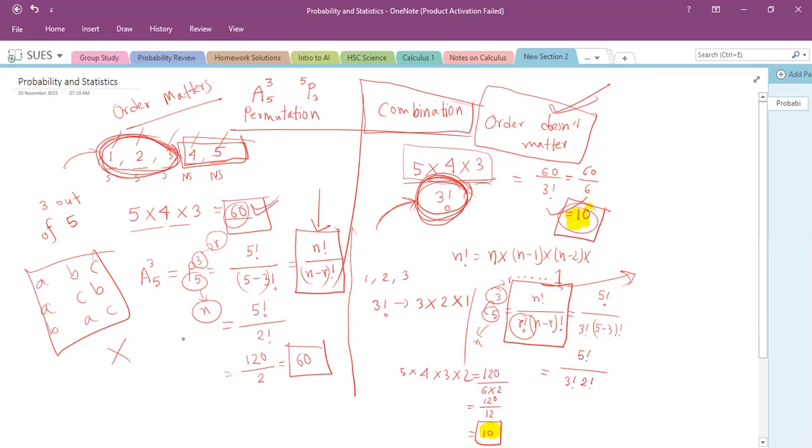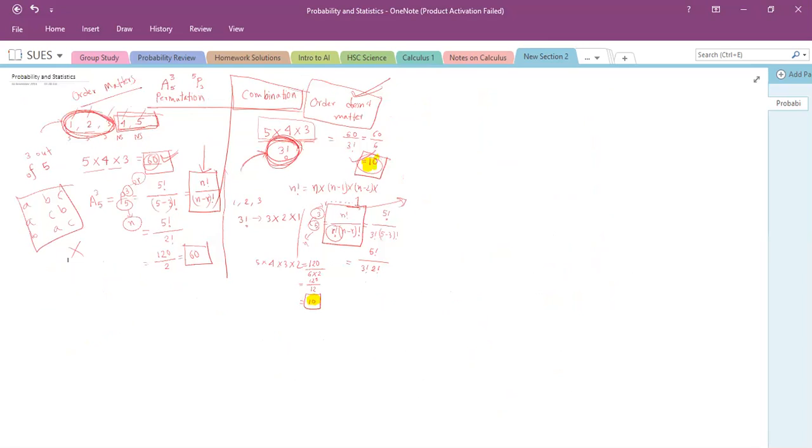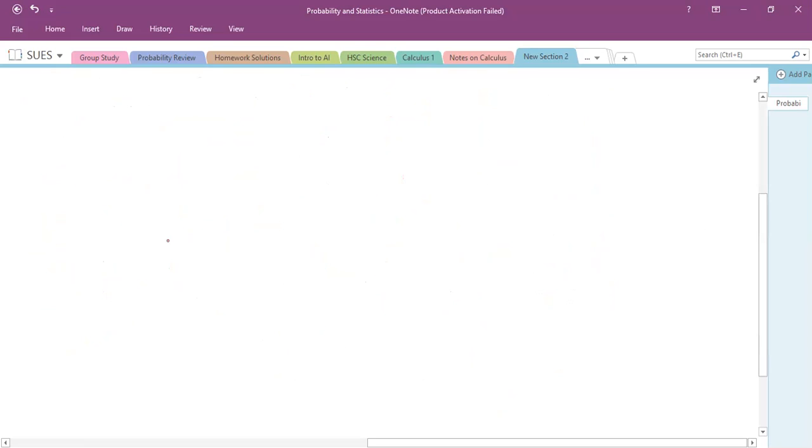So let's see another example. If we have a question like the word football, it is said that football can be arranged such that all vowels are always together.